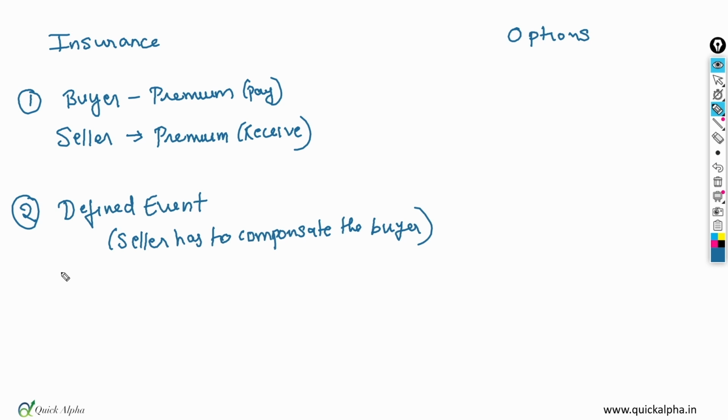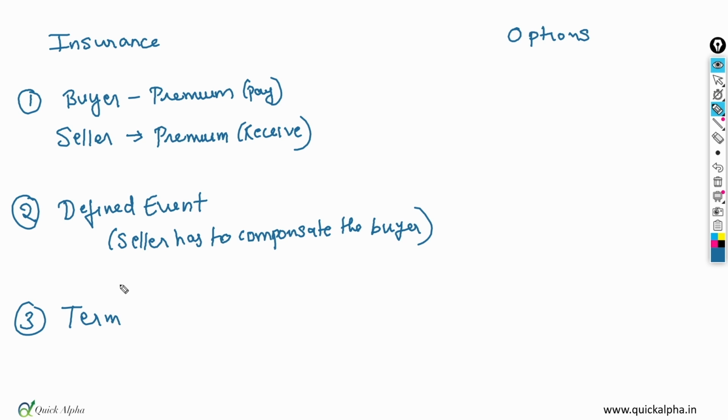All insurance contracts also come with a defined term. That means if this event does not happen within a particular time, the seller gets to keep all the premium. So these are the three most important characteristics.